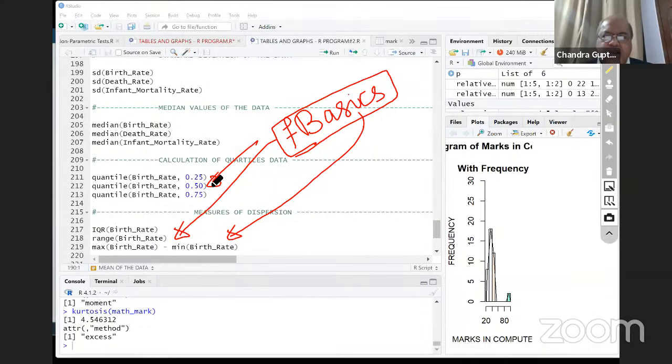So friends, you can easily calculate the descriptive statistics and basic statistics by making use of the R package. And you can also make the relevant graphs by using the R package.